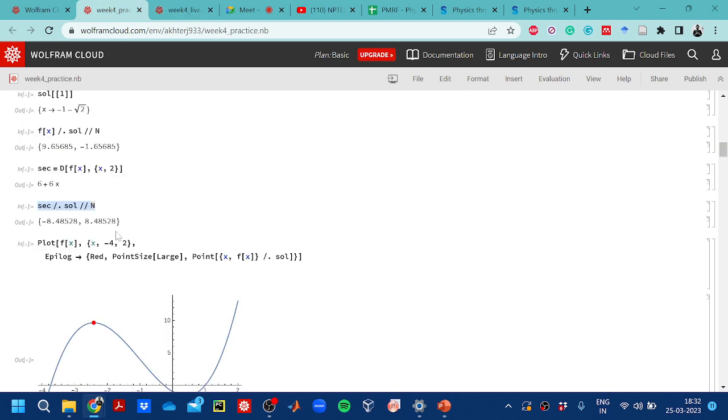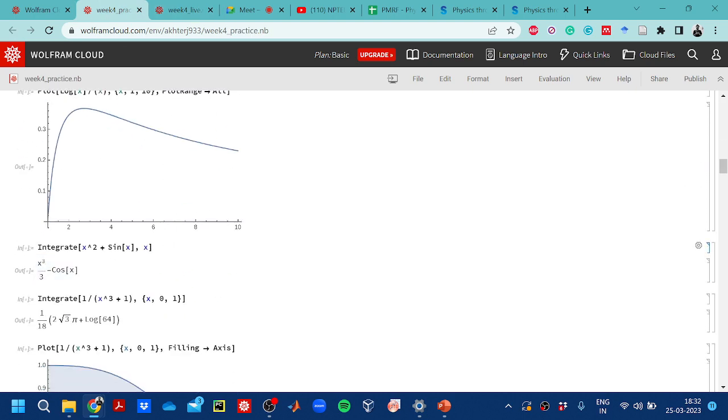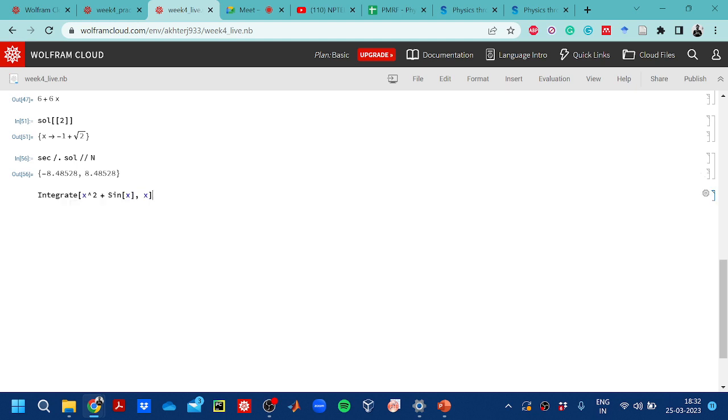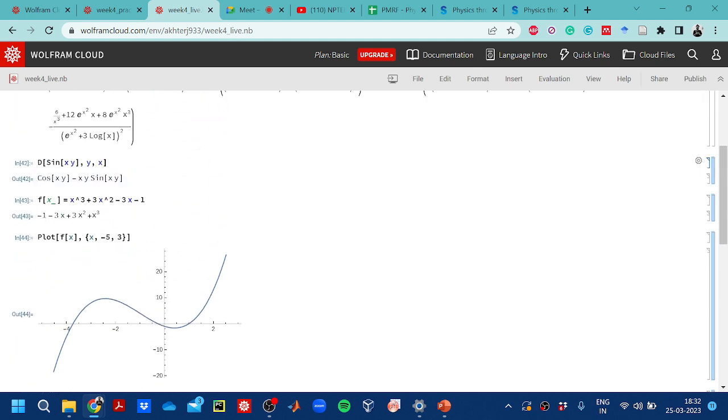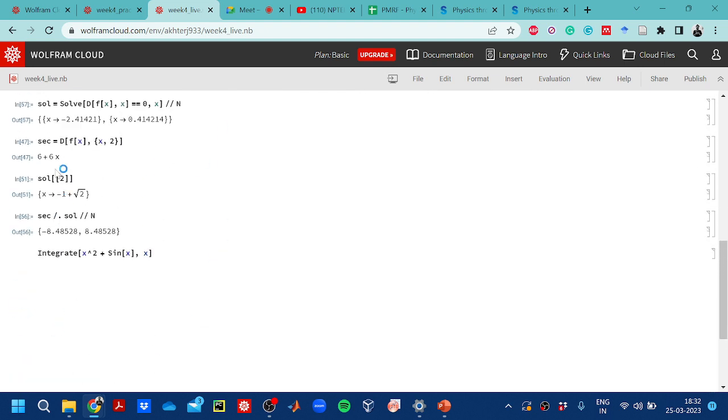For integrate, we have to write down this command. For derivative, we have to write down D, and for integrate we have to write down Integrate. And in the third bracket, first we have to specify the function. So this is our function.